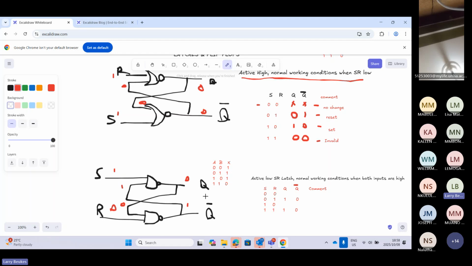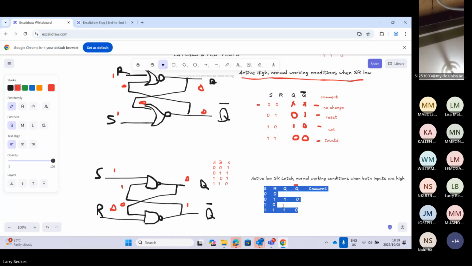So it has reached its final state. So we see that our Q becomes 0 and our Q naught becomes 1. Let me change this. Q naught becomes 1. Yeah, it's correct.